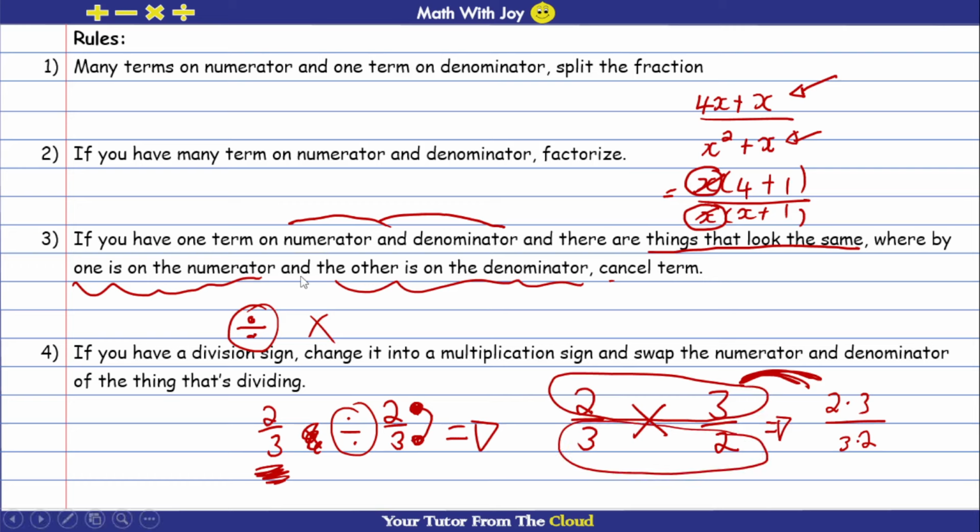Now remember rule number 3: if you have things that look alike, one in the numerator, one in the denominator, all you can do is cancel those things that look the same. So the 3 and the 3 are going to cancel out, and the 2 and the 2 are going to cancel out, and when you cancel, you're going to be left with 1. You can try that out on a calculator: 2 over 3 divided by 2 over 3 is going to give you 1.